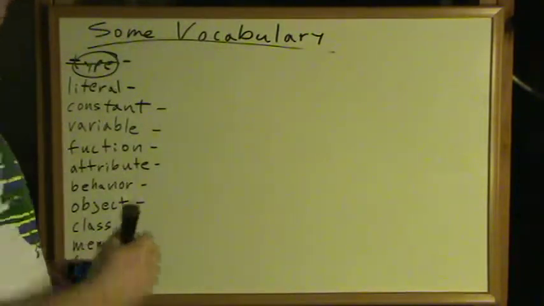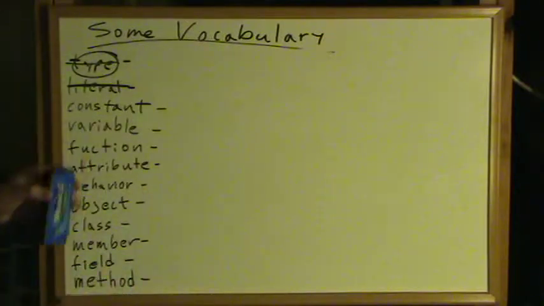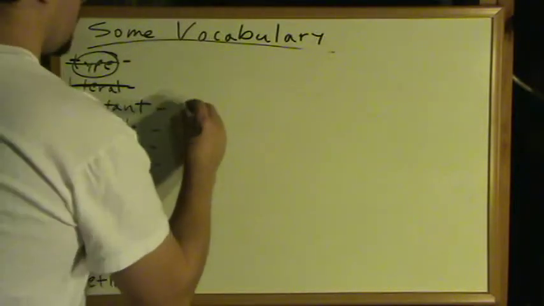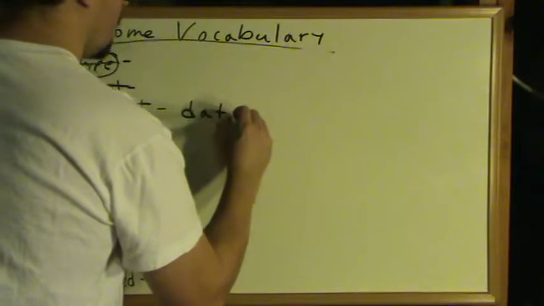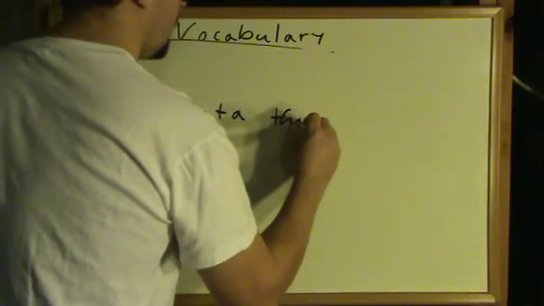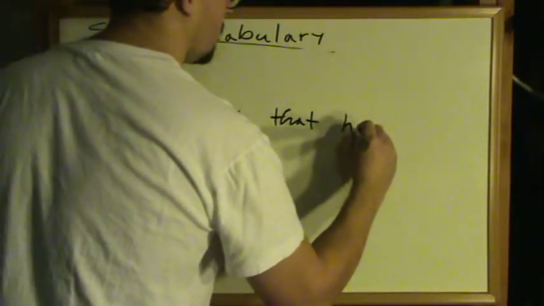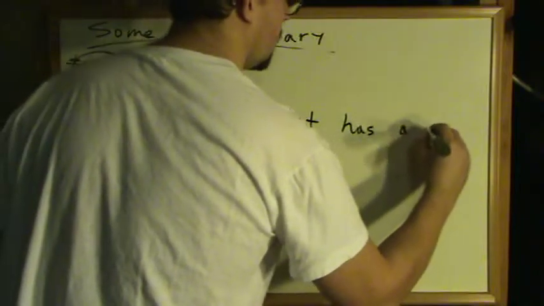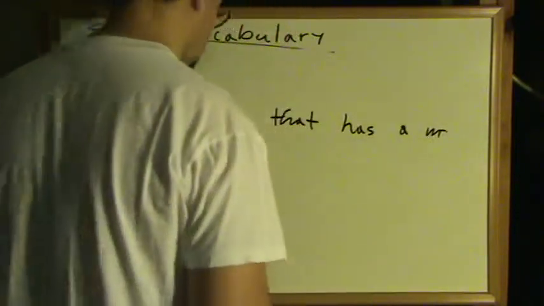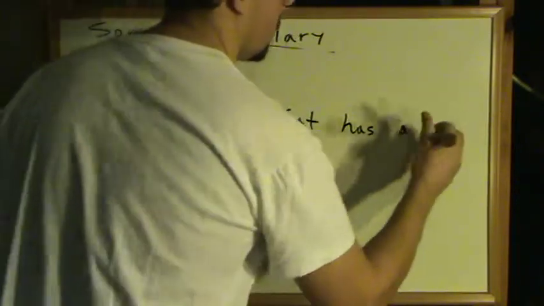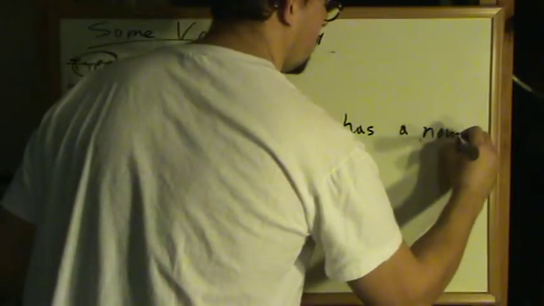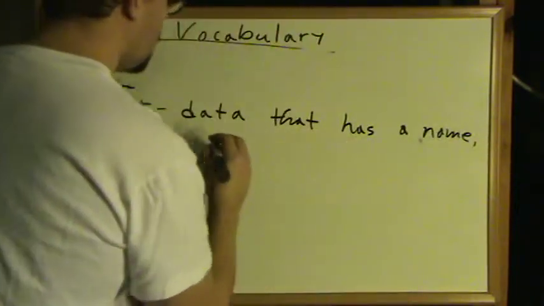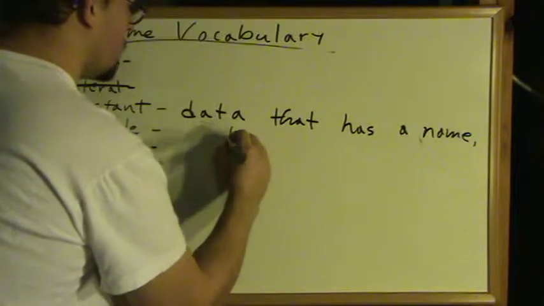A constant is data that has a name but whose value never changes.